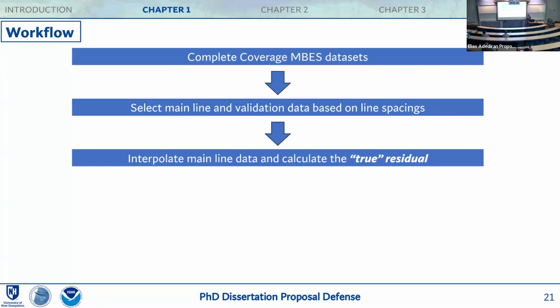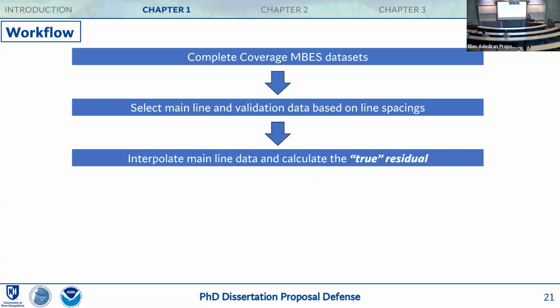Once we've selected those main lines, we interpolate the main lines, and I want to be clear that we are using linear interpolation, simply because it is computationally efficient, it is deterministic, and it does not introduce additional smoothing into the data.